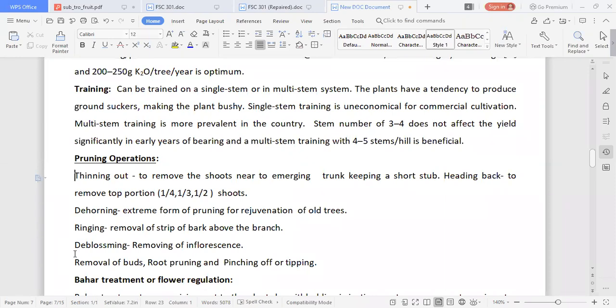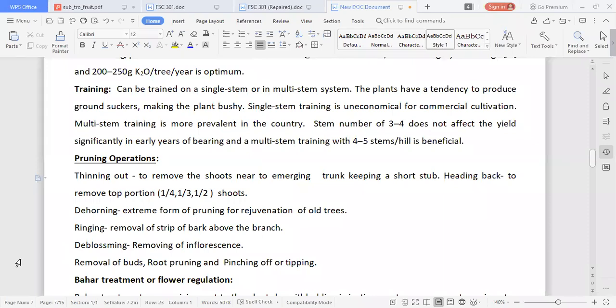Then there is thinning out: you can remove the shoots near the emerging trunk, keeping a short stub, and likewise remove ground suckers or other unwanted things.